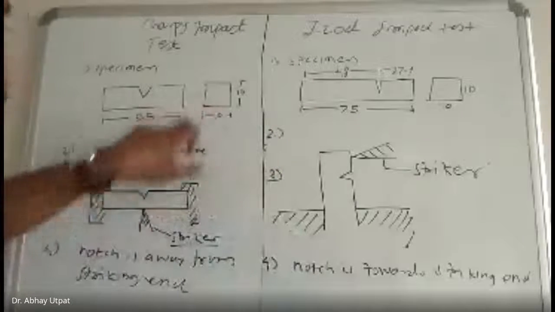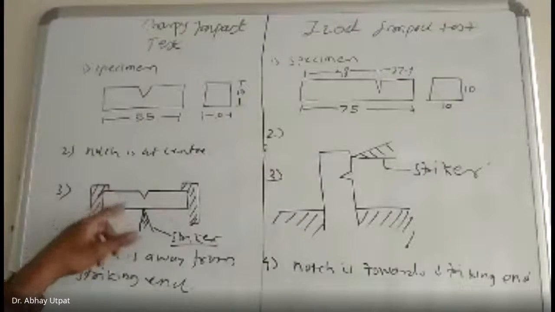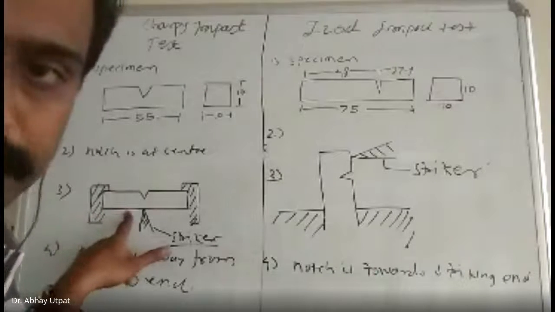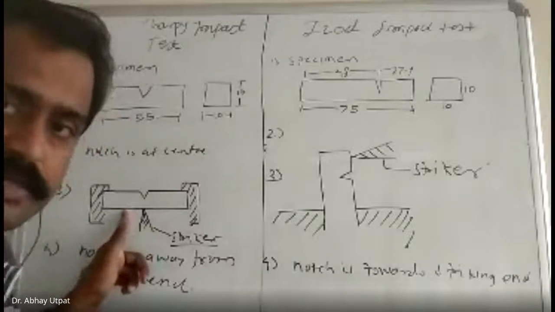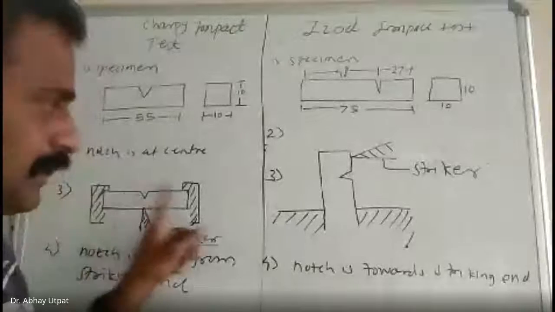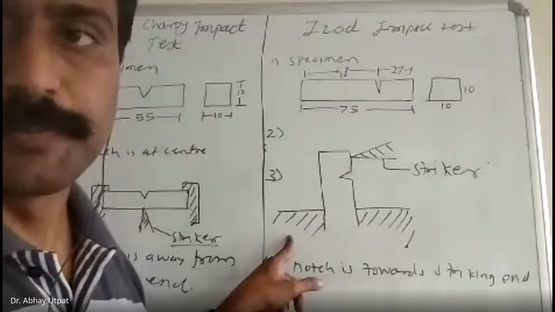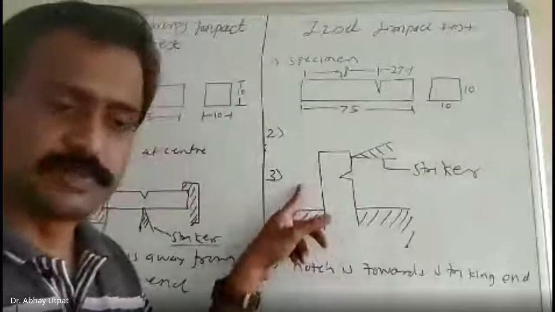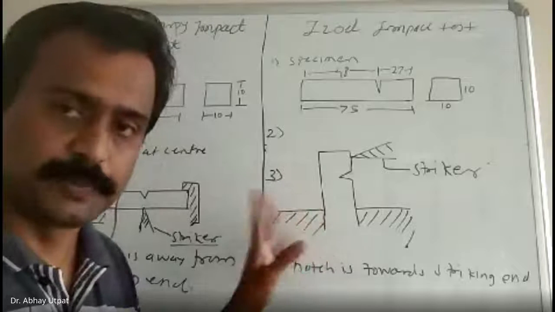Third point after the figure: here you have to write specimen is kept horizontal during experiment. And here, specimen is kept vertical during the experiment.